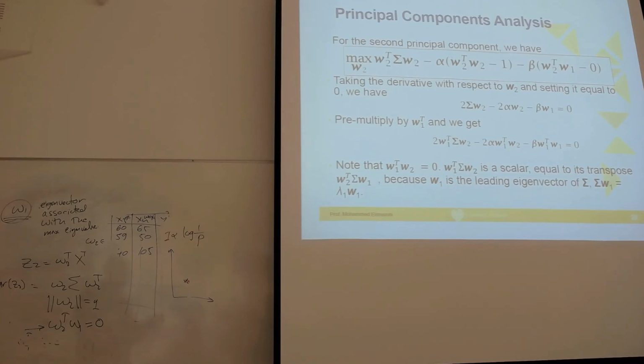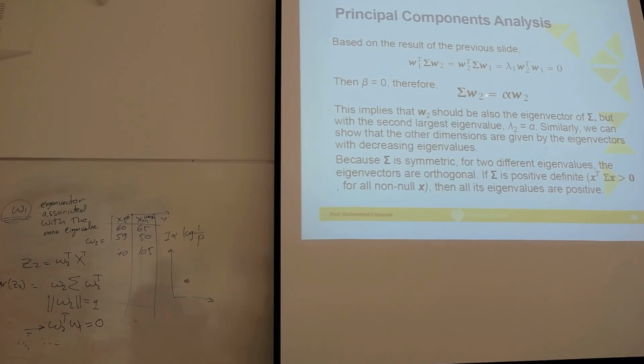And then what we obtain now is that Z W2 equals alpha W2. What does it mean? It means that alpha is the second eigenvalue. And W2 should be the eigenvector associated with the second highest eigenvalue. This is W2. Okay? And so on. We repeat the same process for the third principal component, W3.